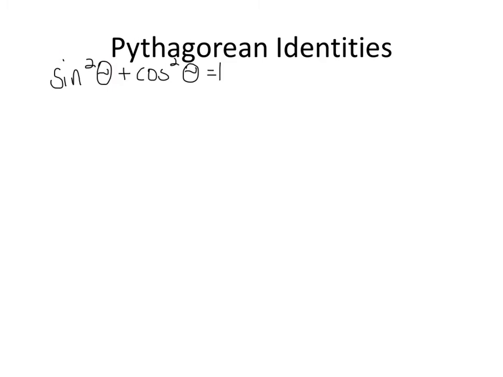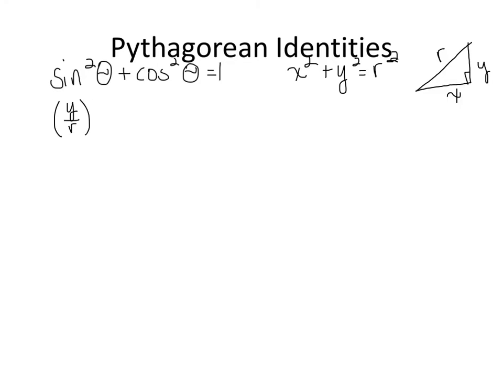In order to prove this identity, we're going to imagine a right triangle with sides x and y and hypotenuse r. And we're going to use the Pythagorean theorem that x squared plus y squared equals r squared. I'm going to replace sine squared of theta and cosine squared of theta with y over r, quantity squared, and x over r, quantity squared.